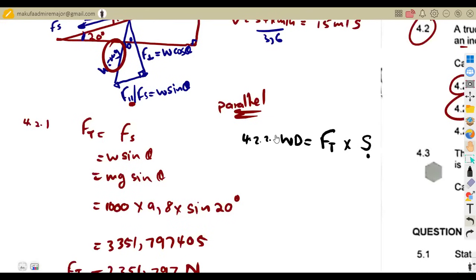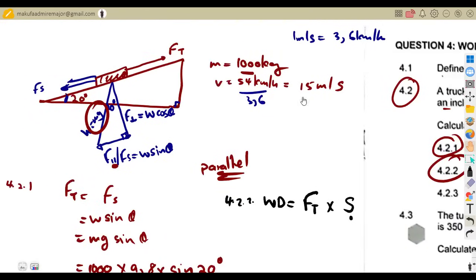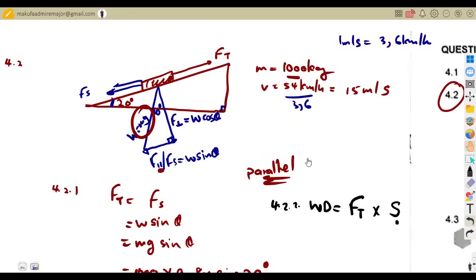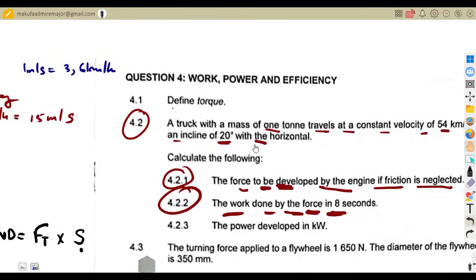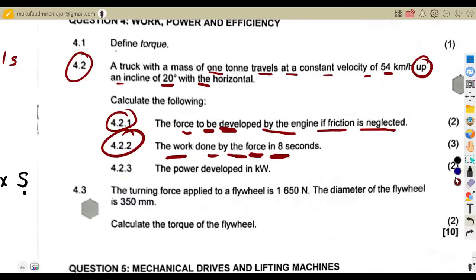All right, what do we have? We have got the velocity. Remember, it's a constant velocity there. Guys, when they write this information, read to understand. It travels at a constant velocity of.